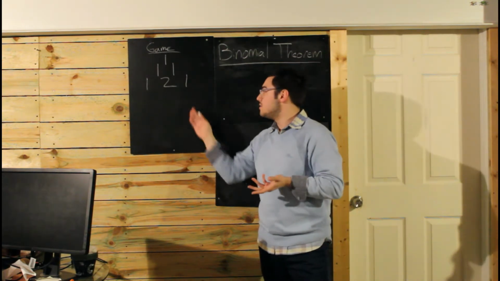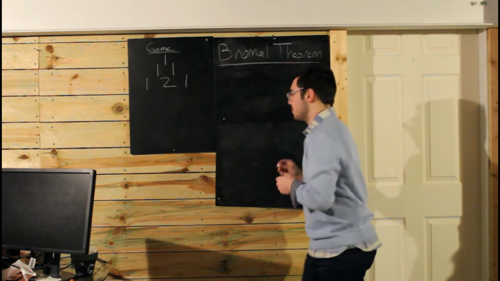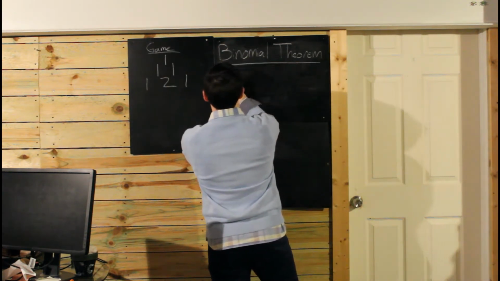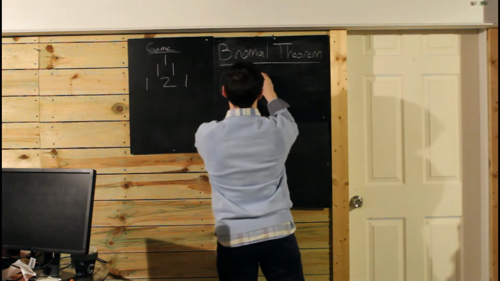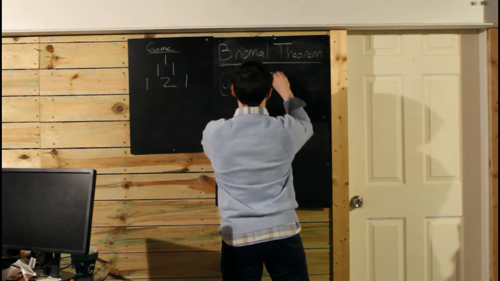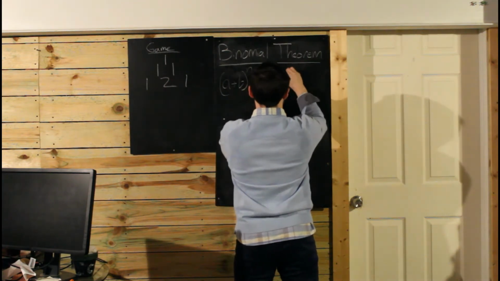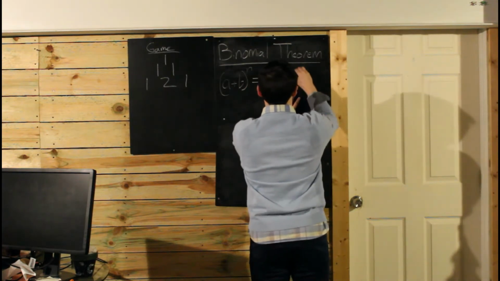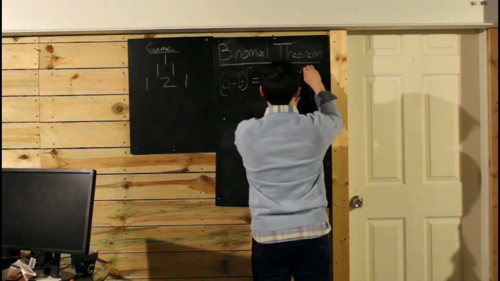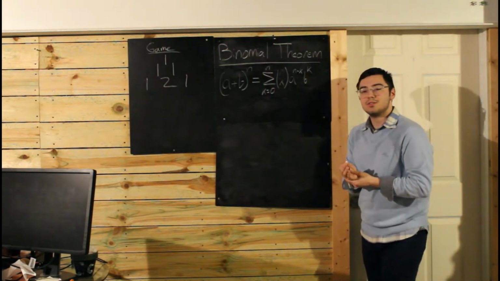But humor me here and try to complete the next couple lines of this pattern, and I'll go ahead and write the formula on the board. All right, time's up. So the formula's up there.